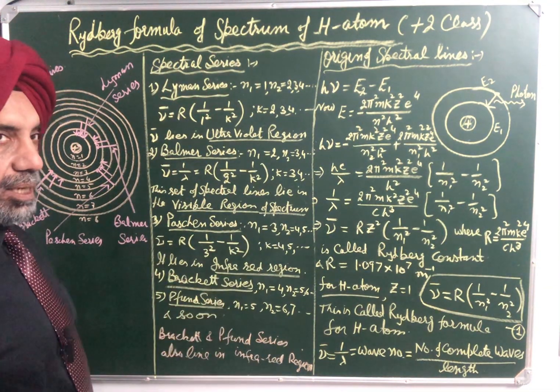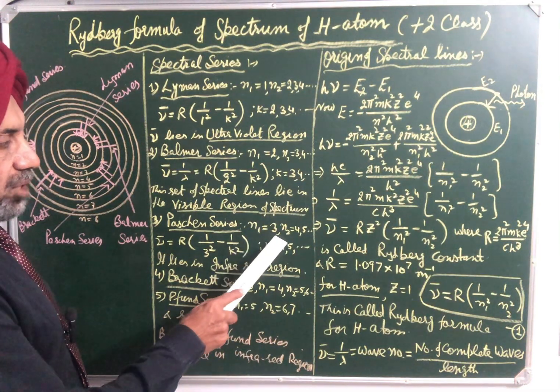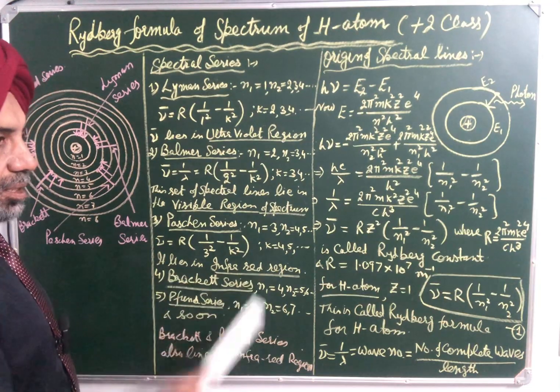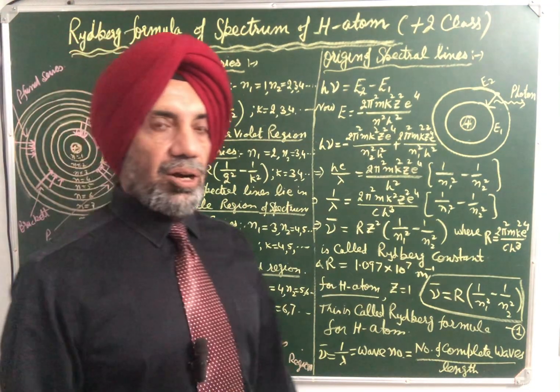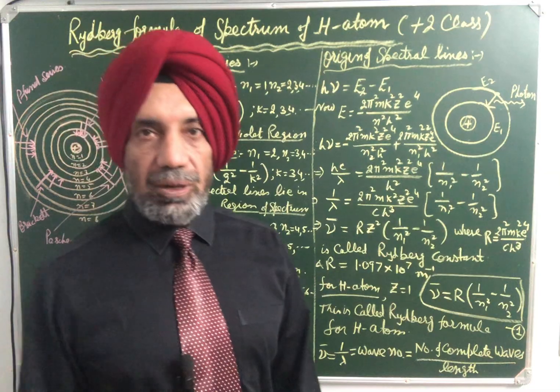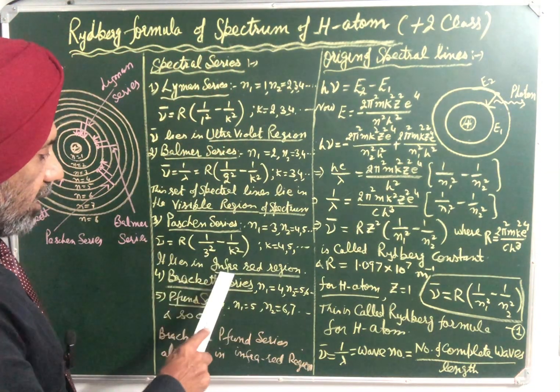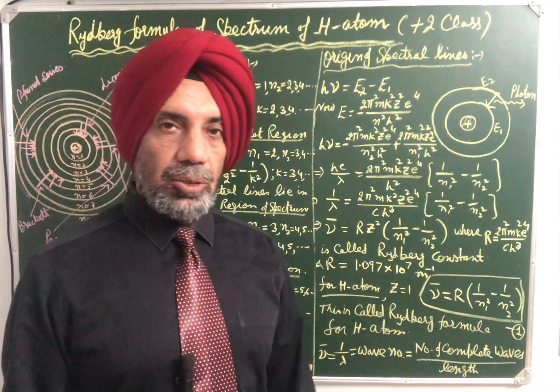Then Paschen series, when n1 is equal to 3, n2 is 4, 5, 6 and so on. So this lies in the infrared region of the spectrum.